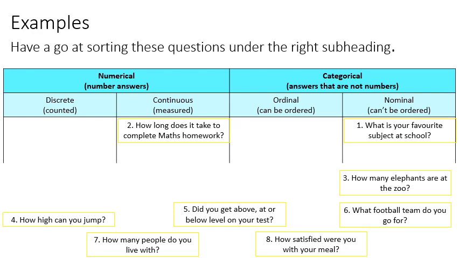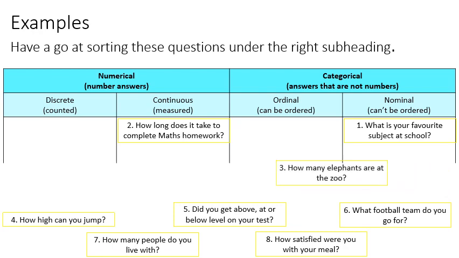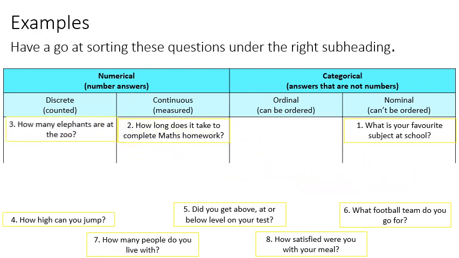Third question says, how many elephants are at the zoo? So the answers we'd get are certainly numbers, and for someone to obtain these answers, they'd have to go out and count the number of elephants. So therefore, this type of data is classed as discrete. Fourth question, how high can you jump? So answers I'd get are numbers, and to obtain the answer, I would have to go out and do some measuring again.